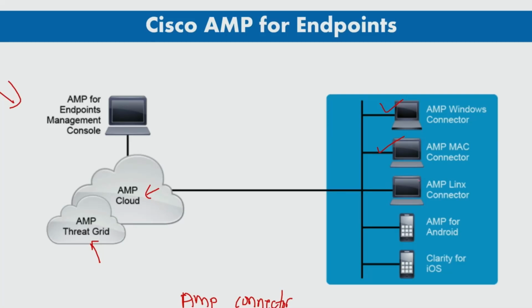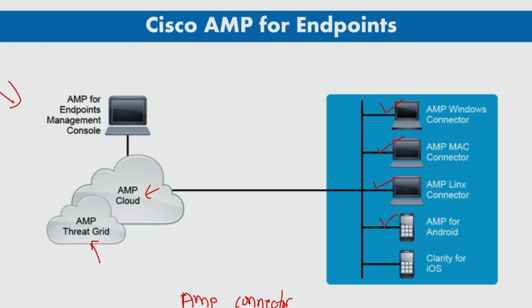Next one is the AMP Linux connector. It works with Red Hat 6.5 and 6.6, as well as CentOS 6.4, 6.5, and 6.6. ClamAV is used as the offline detection engine in the Linux connector rather than Tetra, which is used in the Windows connector.